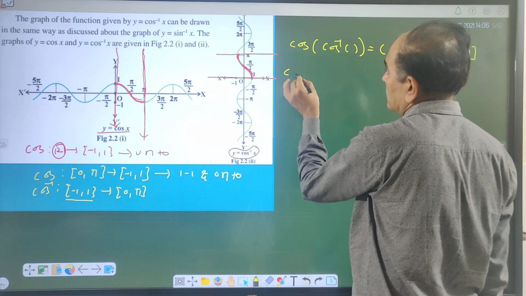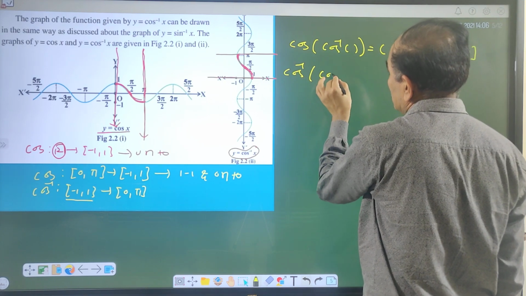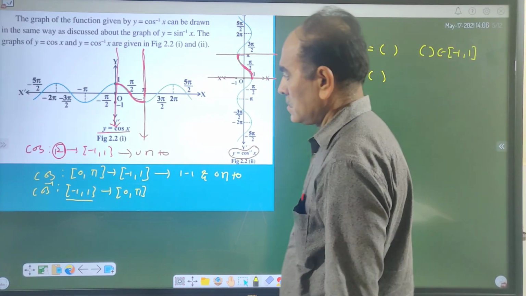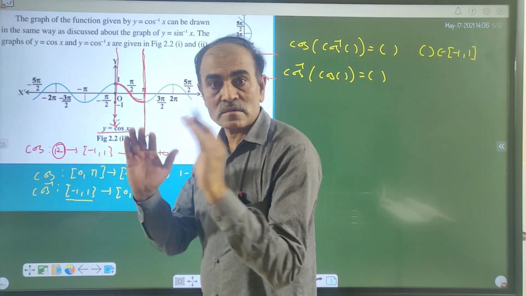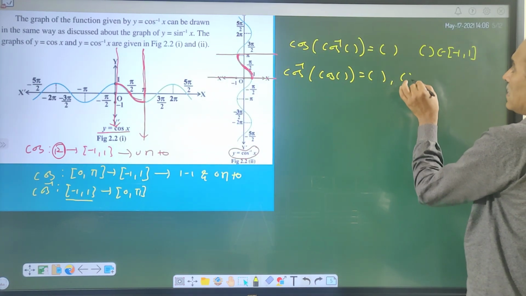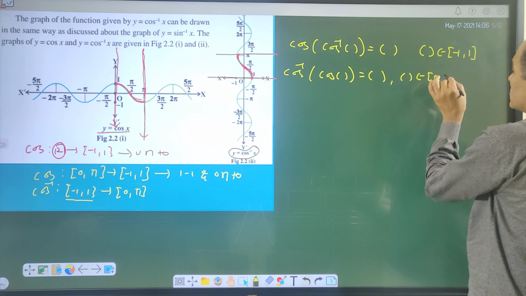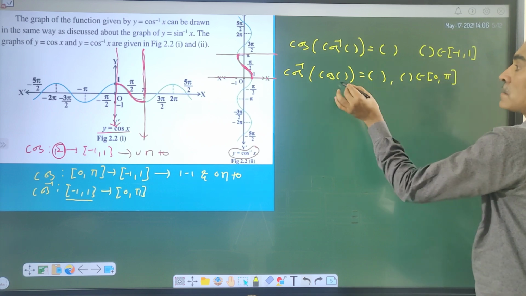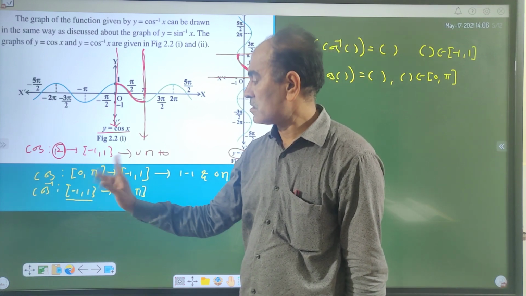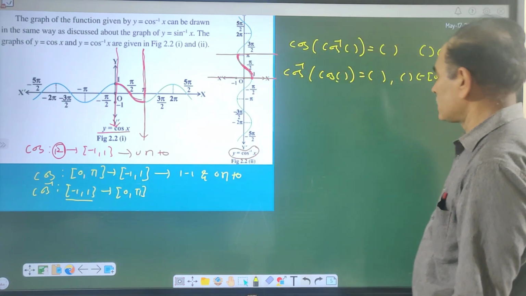Same way, cos inverse of cos some angle is equal to some angle only when that angle belongs to closed interval 0 to pi, because the domain of cos here is closed interval 0 to pi.